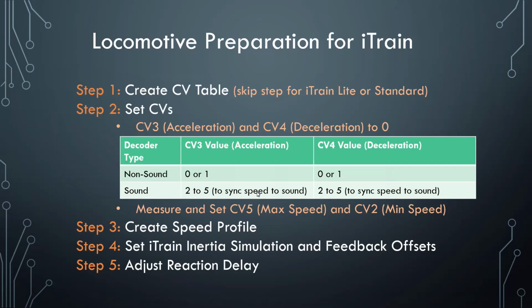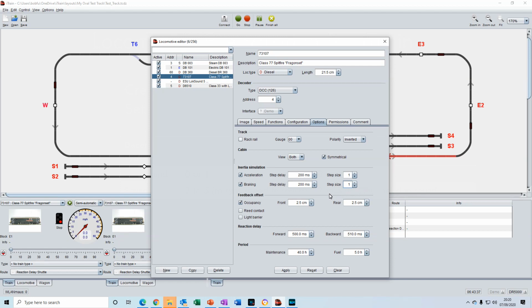In step 4, we set up iTrain's own inertia simulation by setting values for step duration and step size. Now you may recall that we were aiming for a step delay of between 100 and 500 milliseconds ideally, and certainly not less than 100 milliseconds.